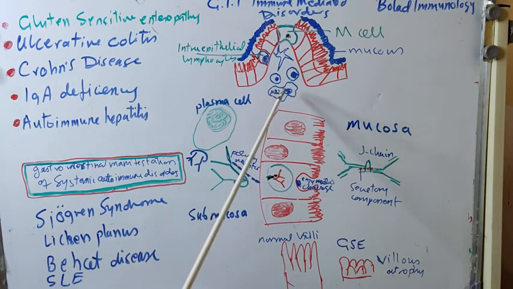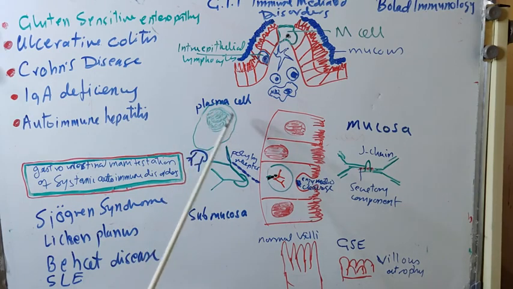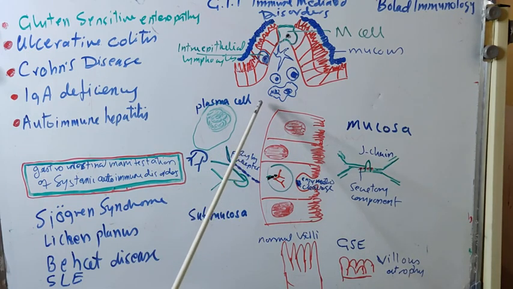So they present it to T helper, and T helper activates B lymphocytes, and B lymphocytes differentiate into plasma cell and B memory. Plasma cell produces IgA in this area submucosally.